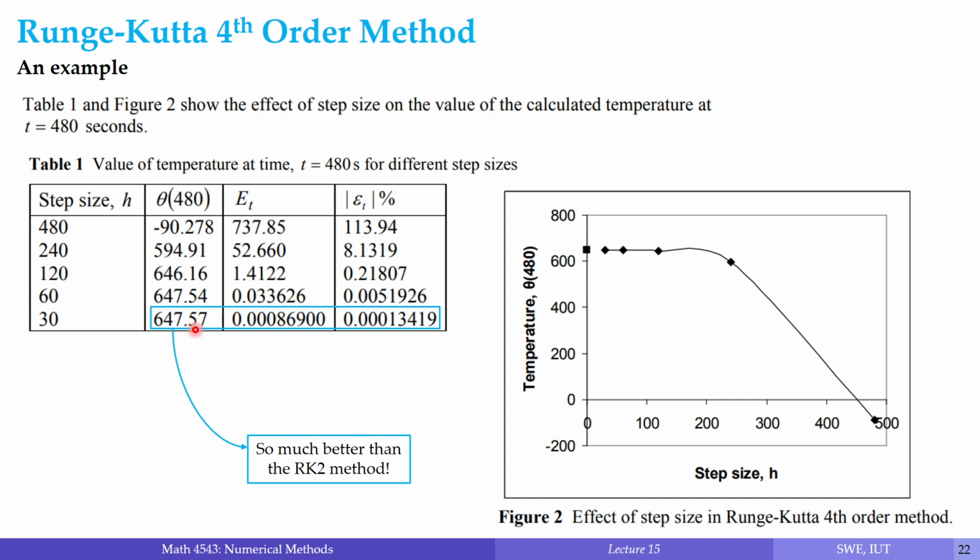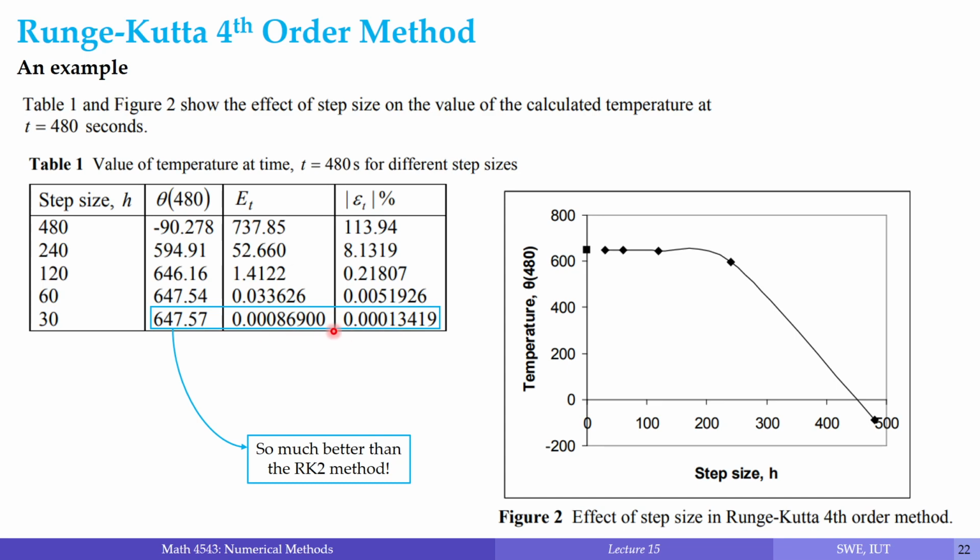If we don't round it, we get a very minuscule amount of true error and a very minuscule absolute relative true error. Compared with any of the preceding algorithms we have learned for solving first order differential equations, the RK4 approach is by far the best method, right?